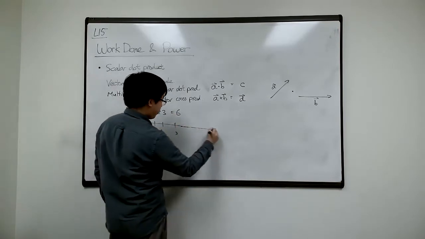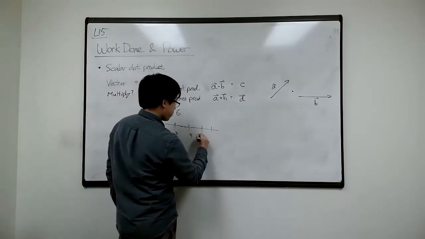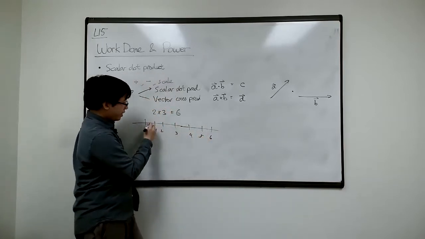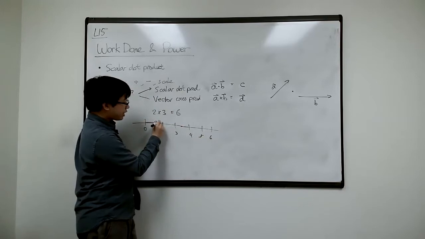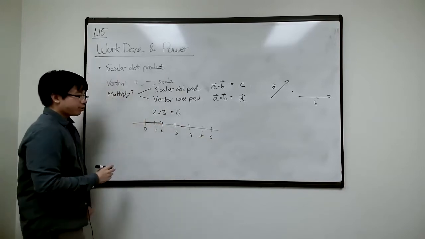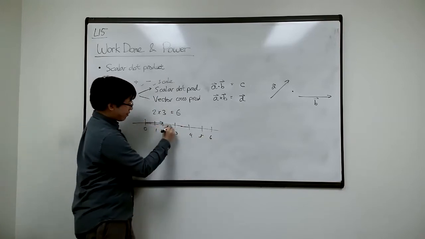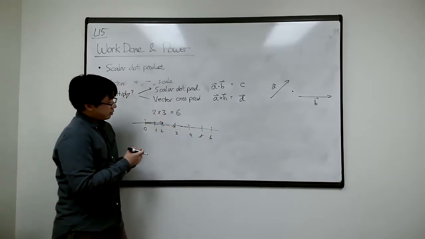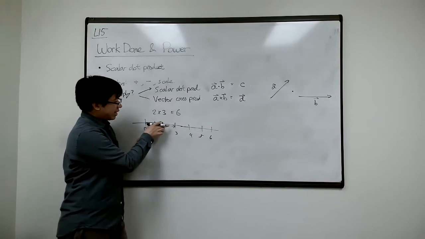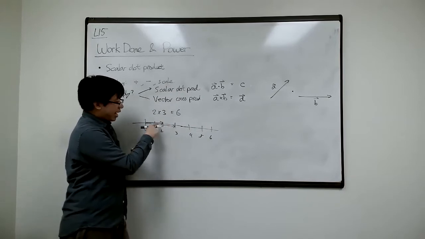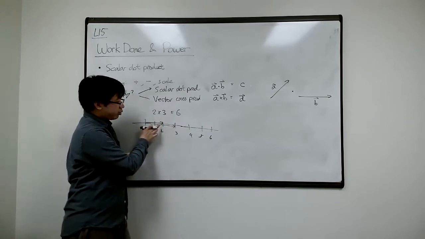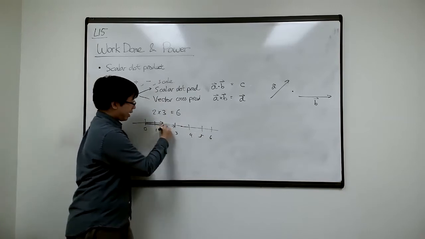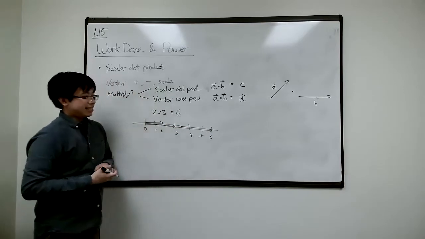So what's going on over here? I can think of 2 as a position vector that goes from 0 to 2, and 3 as a position vector that goes from 0 to 3. So what does 2 times 3 mean? It looks like I am taking the magnitude of 2 times the magnitude of 3, because that gives me a vector that is 6 units long.